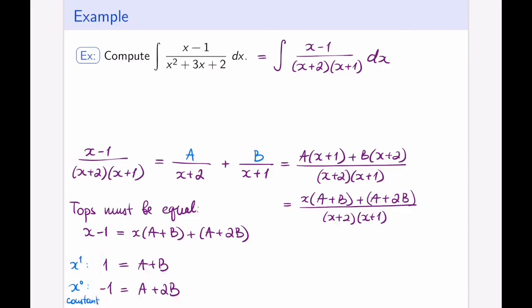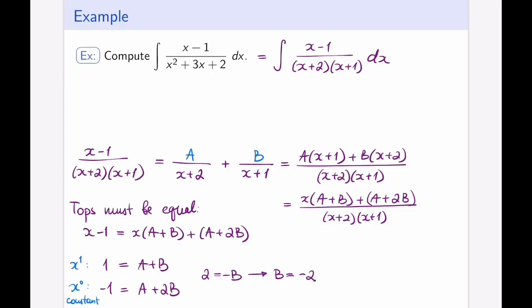You can solve the 2 equations any which way you like. Here, for example, I can notice that if I subtract the 2 equations from each other, I will end up with something really simple, because a's cancel out, and then b's will immediately give me an answer. So if I subtract the equations, I immediately get that 2 is equal to minus b, which means, of course, that b is equal to minus 2.